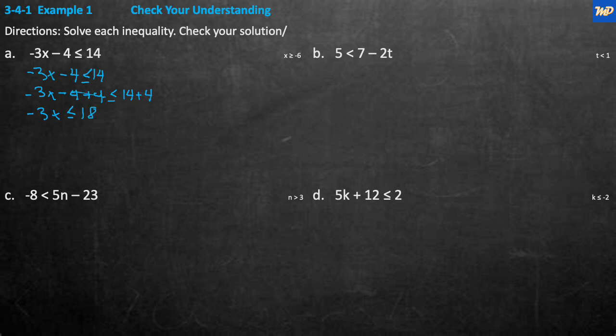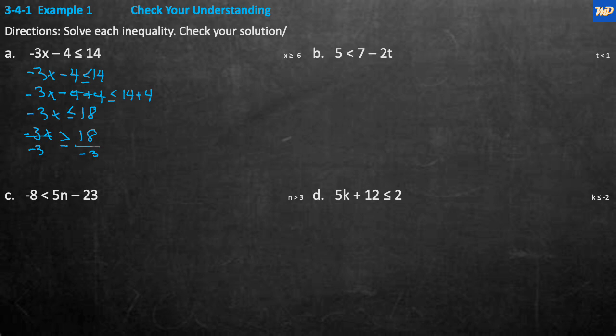Now we have to undo the negative 3. Since we have a negative, we're going to be dividing on both sides by a negative using the division property of inequality. But we're going to be switching the sign, aren't we? So negative 3x divided by negative 3 is greater than or equal to 18 divided by negative 3.